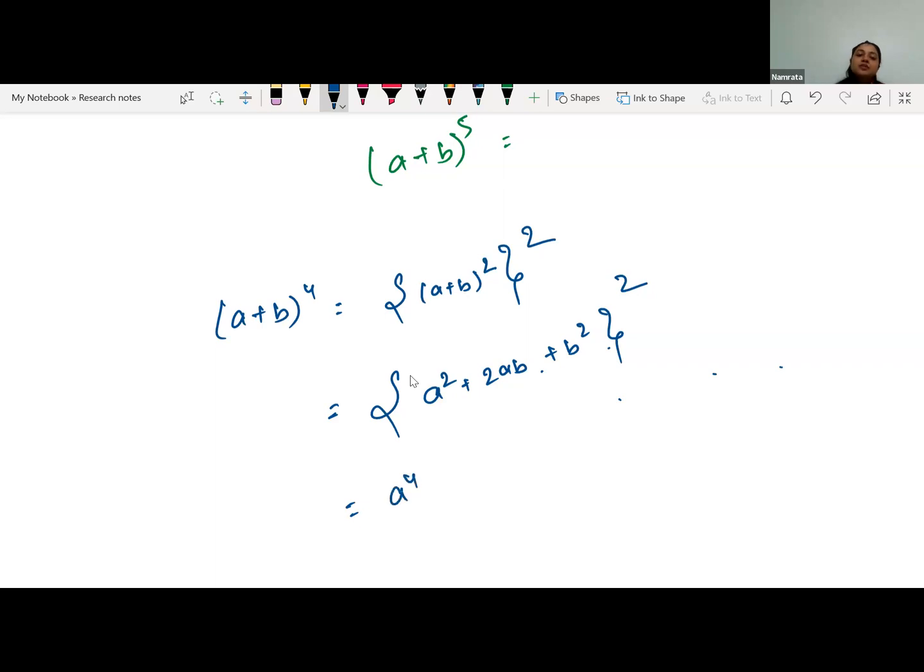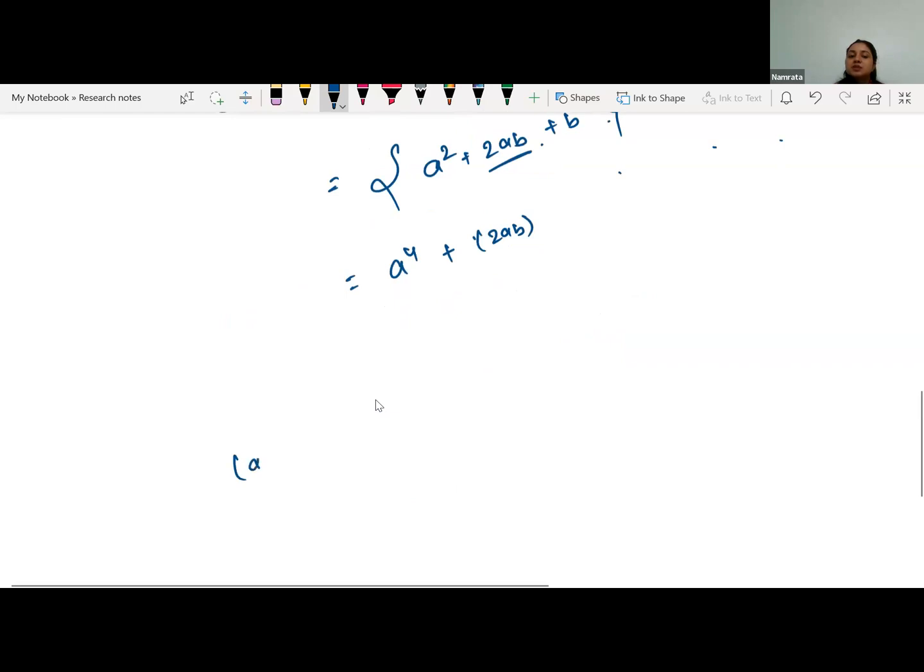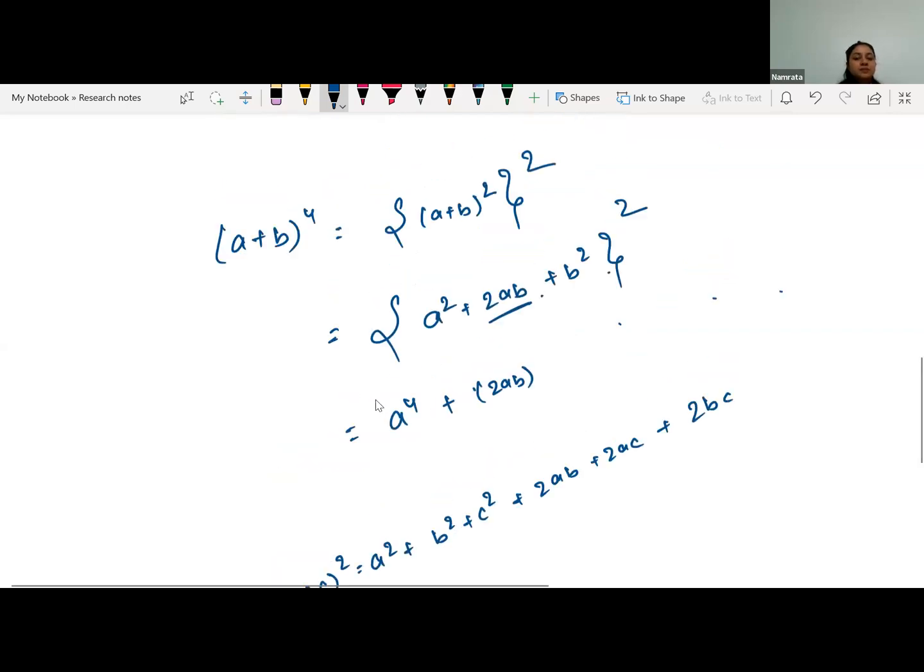So a to the power 4 plus this twice ab... What is the formula for (a plus b plus c) whole square? a square, b square, c square, 2ab, 2ac, 2bc. Perfect. Same formula we can apply for the above one, right?